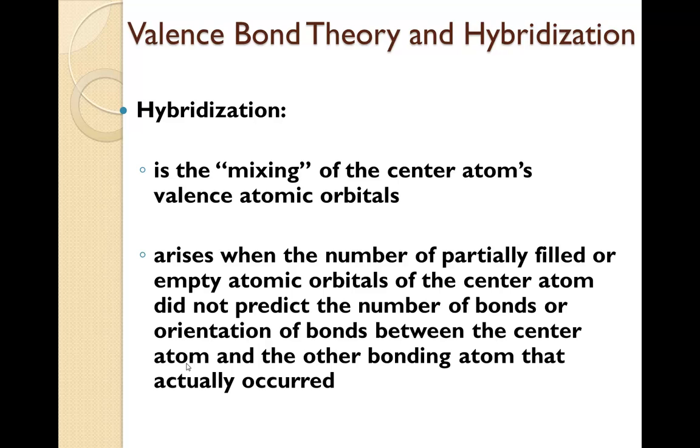Hybridization is the mixing of the center atom's valence electron atomic orbitals. So once again, we're really looking at the center atom's s, p, d, and f orbitals. It arises when the number of partially filled or empty atomic orbitals of the center atom does not predict the number of bonds or orientations of bonds between the center atom and the other bonding atoms that actually occur.